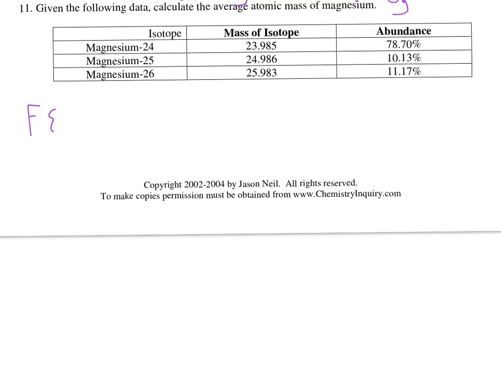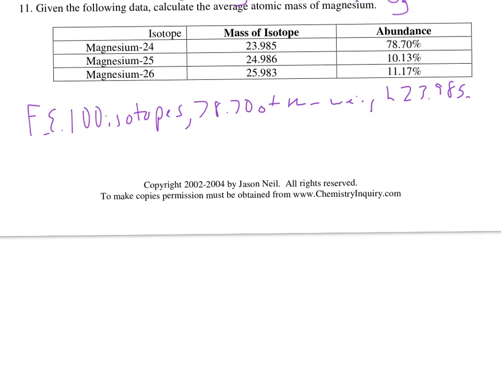So we're going to say for every 100 isotopes, because again, these are percentages, 78.70 of them weigh 23.985 AMUs. 10.13 of them weigh 24.986 AMUs.